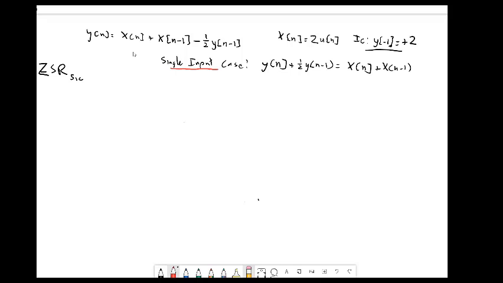But for the single input case, I'm going to leave off that. So I have just x sub n, no coefficient in front of it, nothing multiplying it, nothing added to it, just x sub n by itself. And that's what makes it the single input case. And we're going to find the zero state response for this version and then use that in a simple way to find the solution for the general case equation.